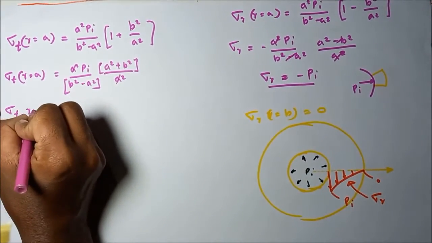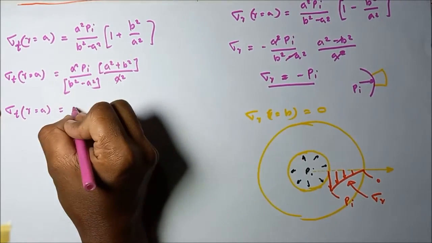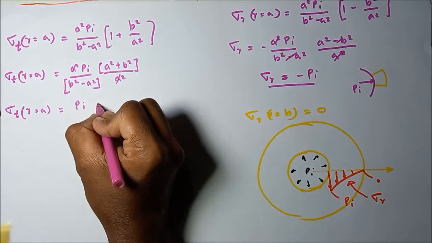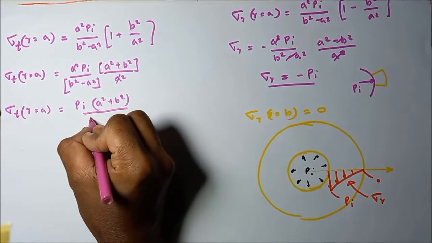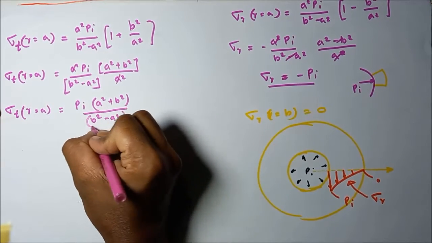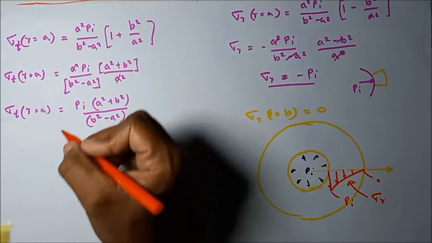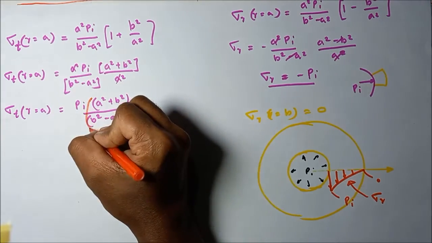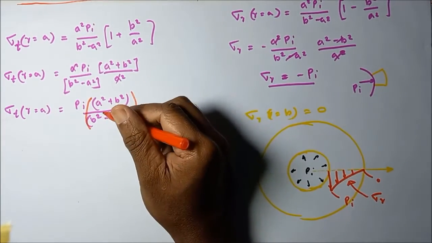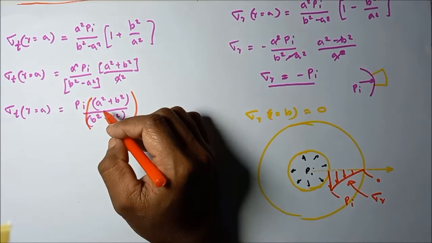Sigma T at R equal to A is equal to Pi times A square plus B square divided by B square minus A square. You can see this ratio is always greater than 1.